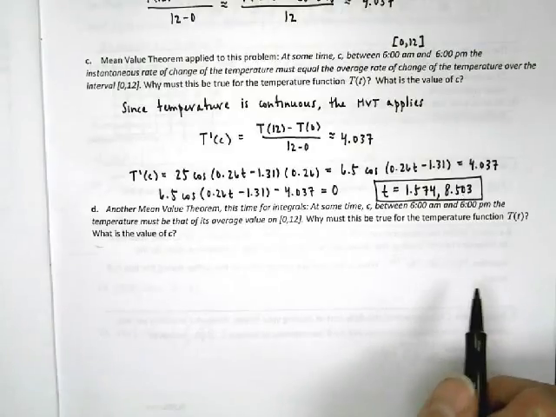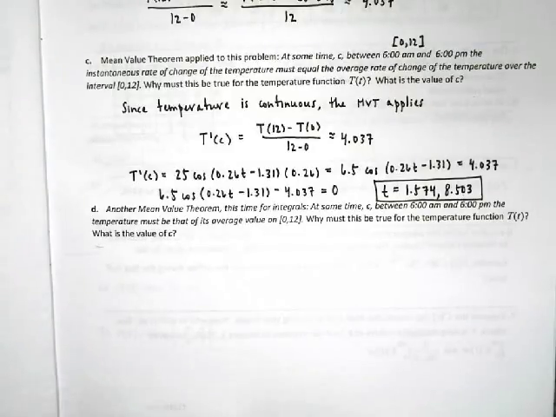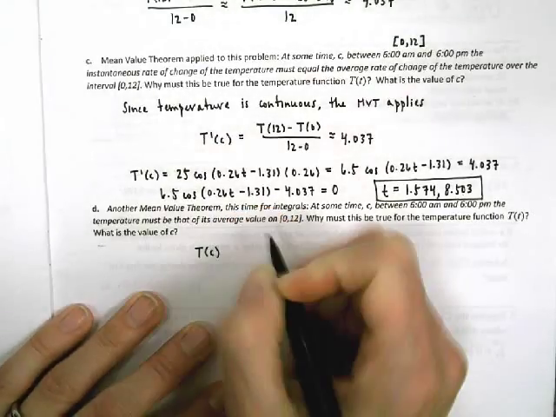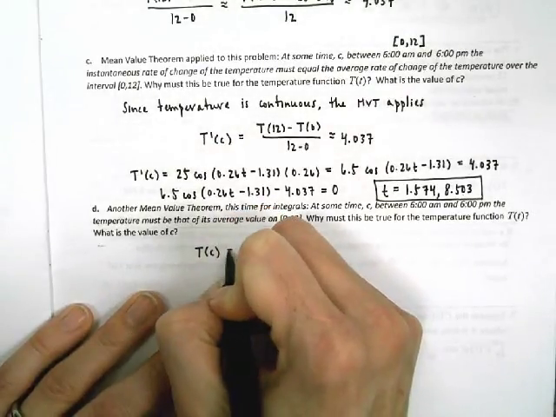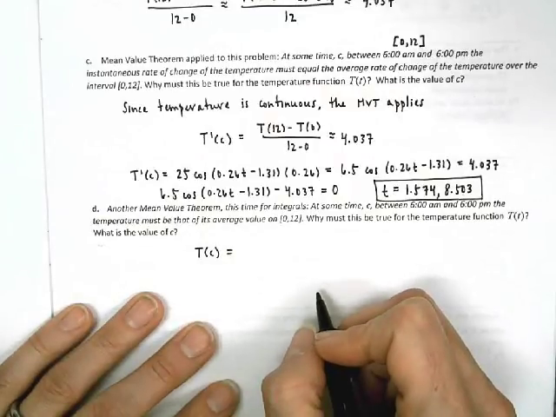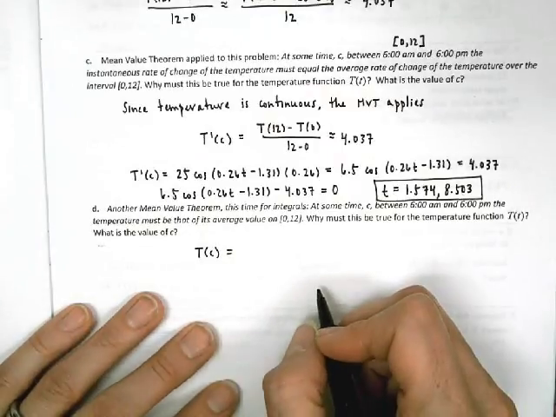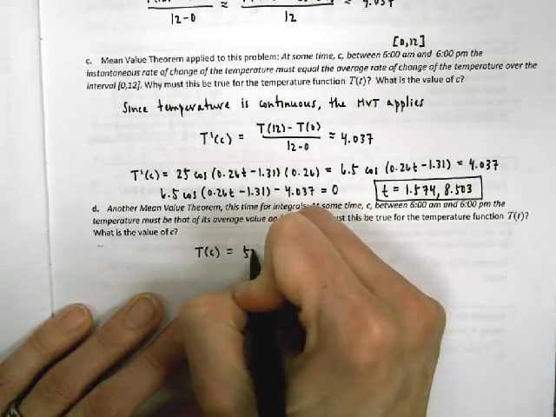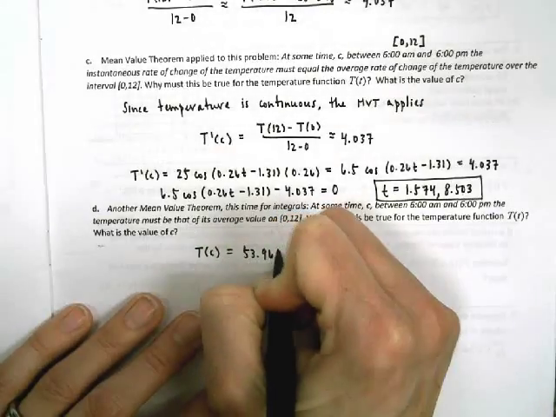So now we want to find out what value of c makes the function value equal to its average value, which we got from part A. That average value was 53.965.